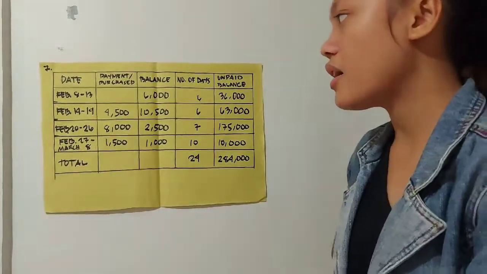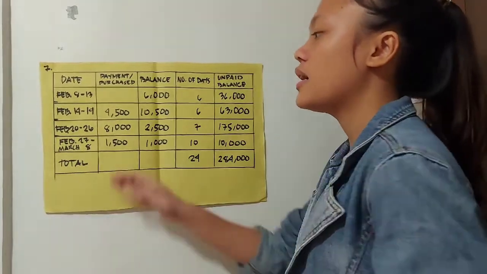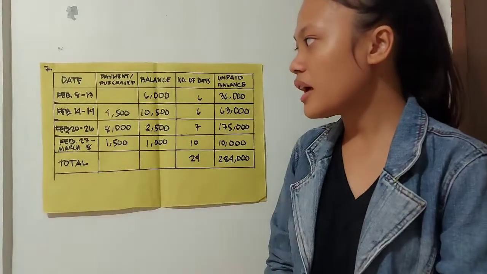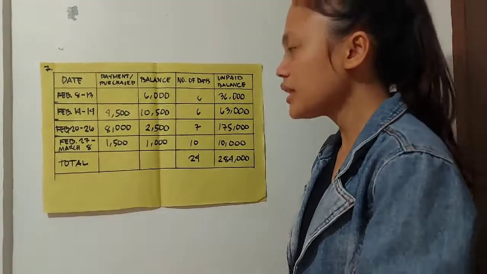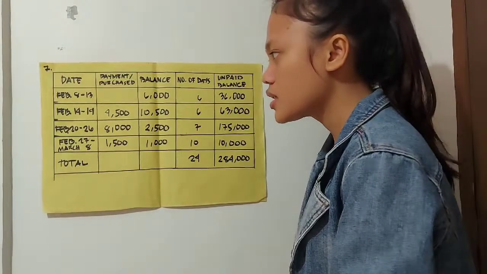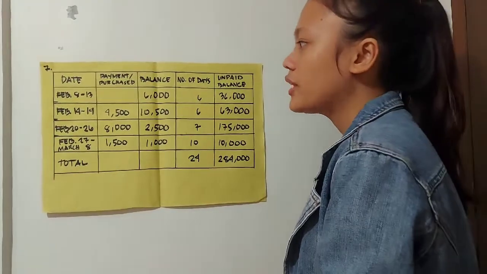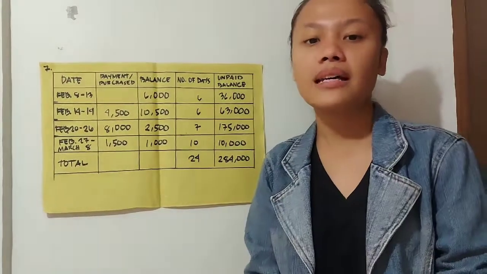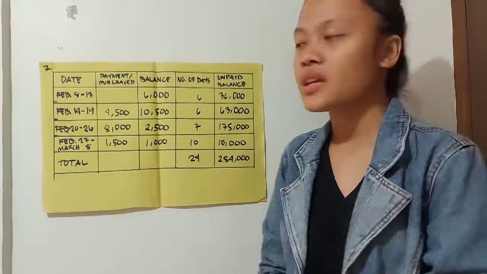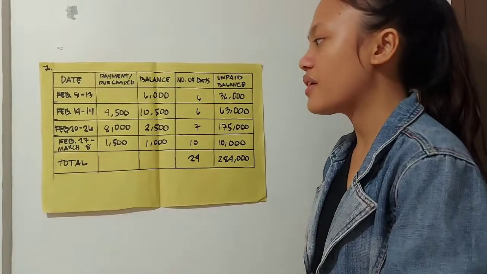So here we have again our table with the dates that were given in the problem. On February 8 to 13, he had a balance of 6,000 pesos. While on February 14 to 19, he buys a bracelet for his girlfriend, which costs 4,500.